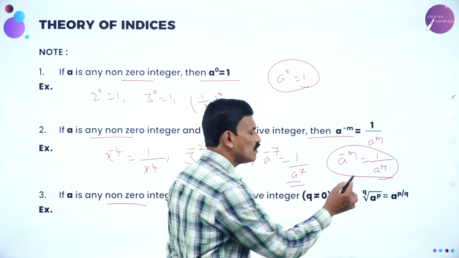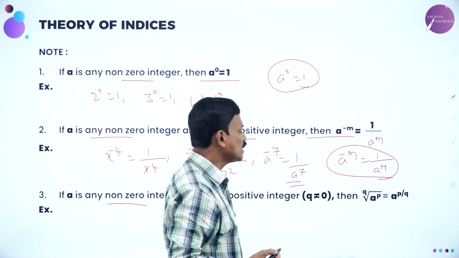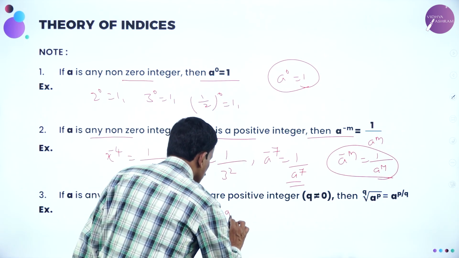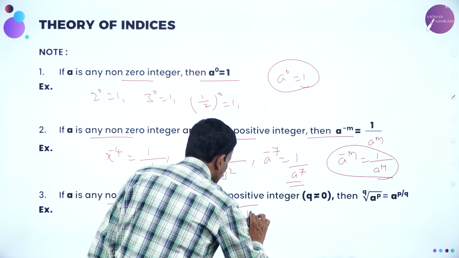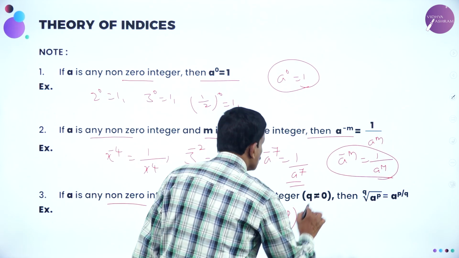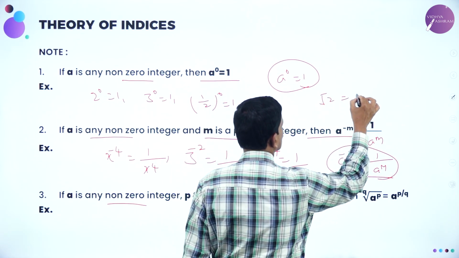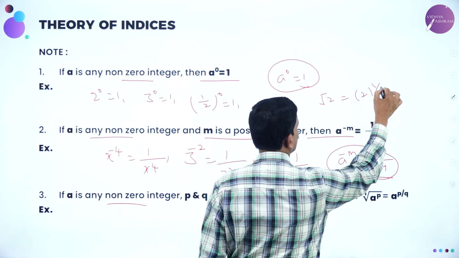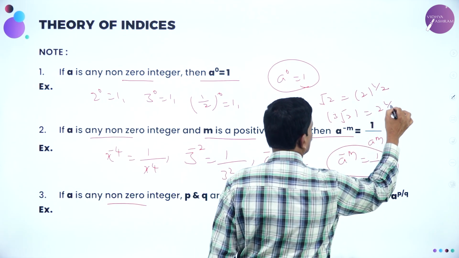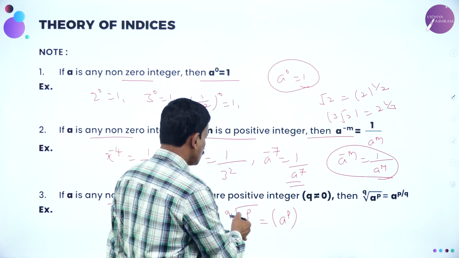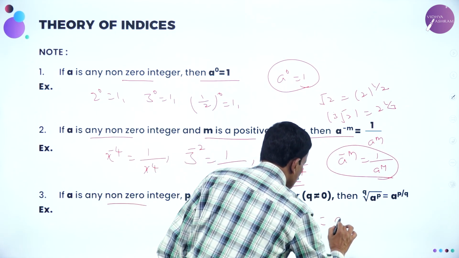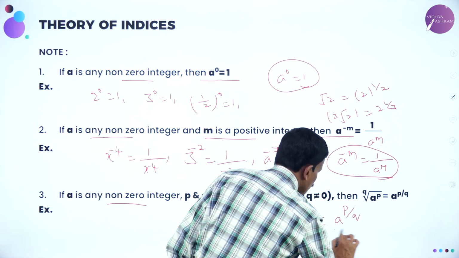So the square root of 2 means 2 to the power of 1 by 2. Cube root of 2 means 2 to the power of 1 by 3. Similarly, the qth root of a to the power of p means a to the power of p by q.